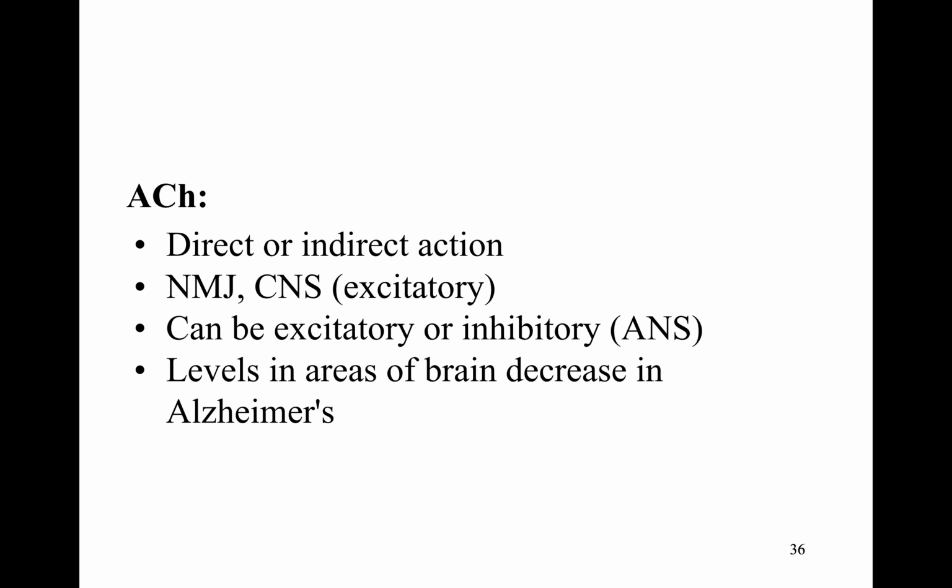In the autonomic nervous system, acetylcholine can be excitatory or inhibitory. This depends on the tissue at which acetylcholine is acting. It's just going to be dependent on the tissue at which that neurotransmitter is acting.